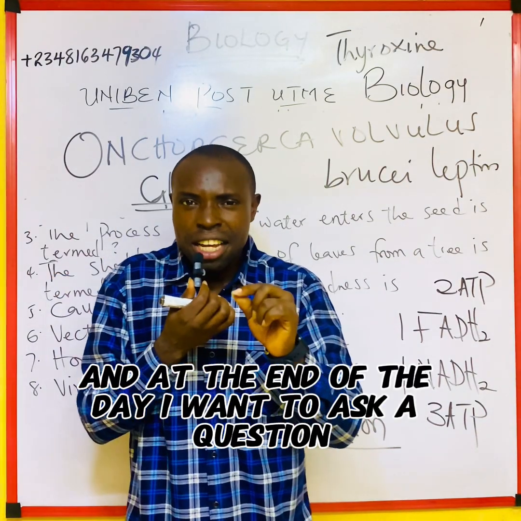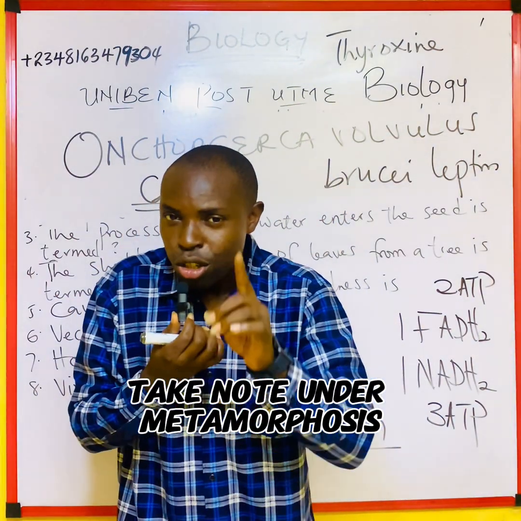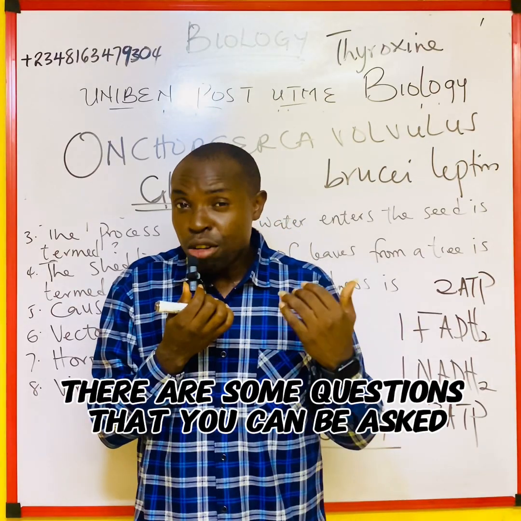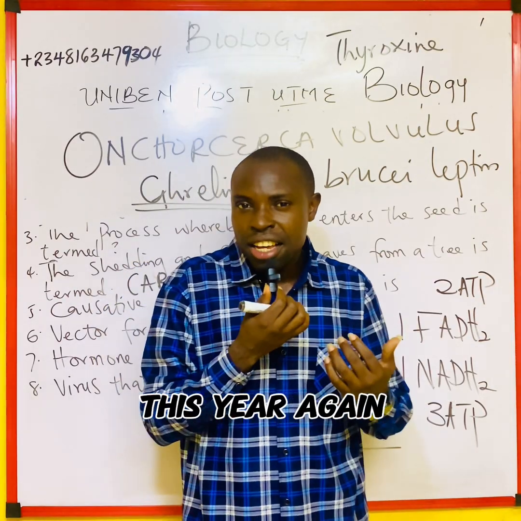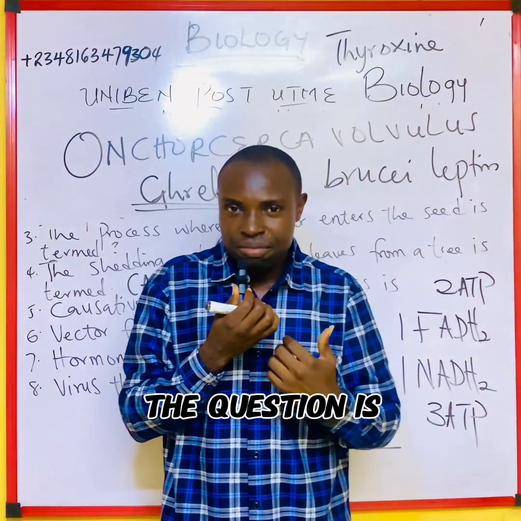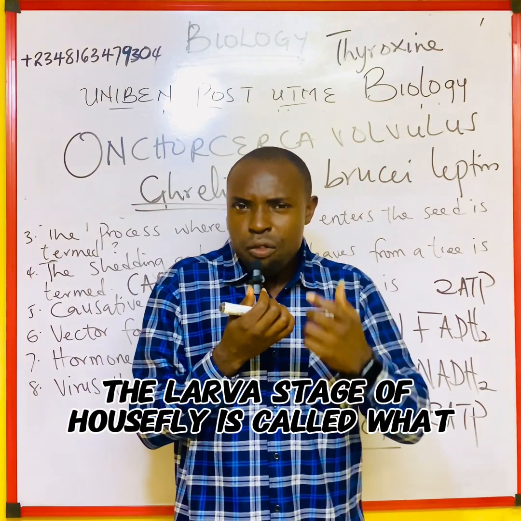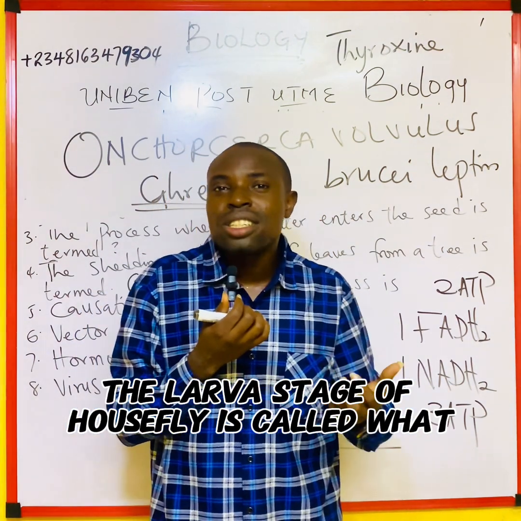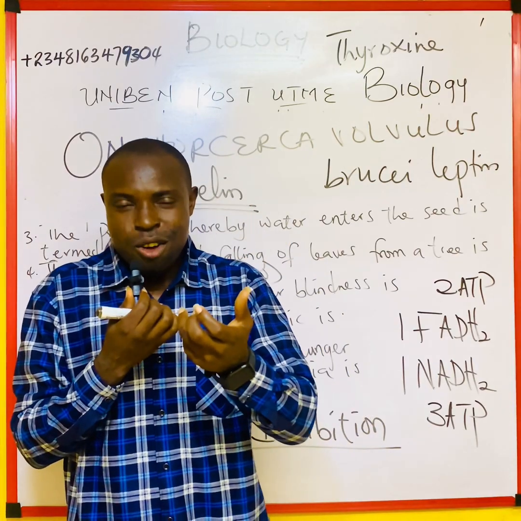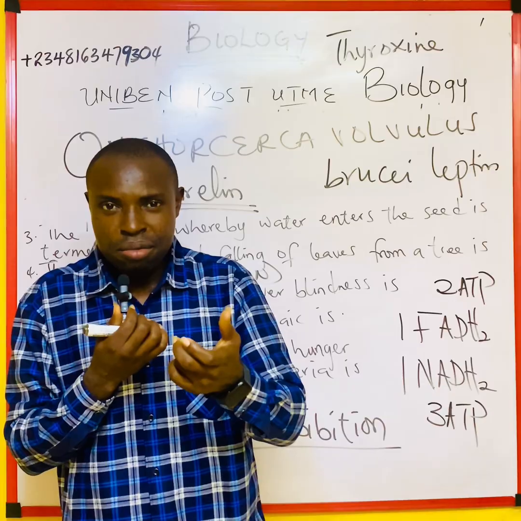At the end of the day, I want to ask a question. Take note. Under metamorphosis, where we have the complete and the incomplete, there are some questions that you can be asked this year. Again, the question is, the larva stage of the housefly is called what? It is called maggot, while the pupa stage is called the puparium.